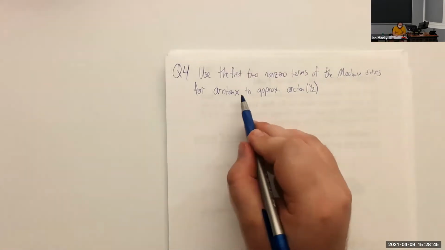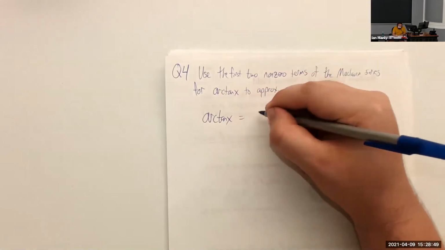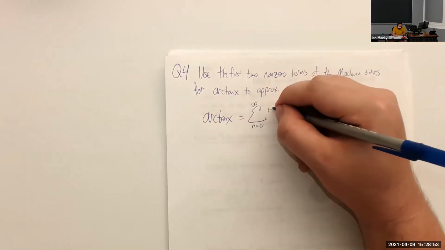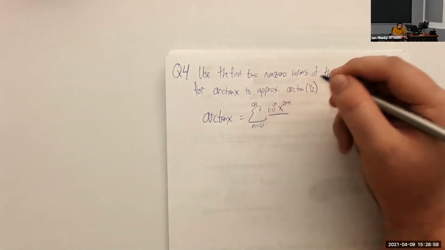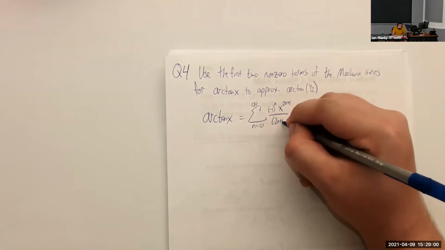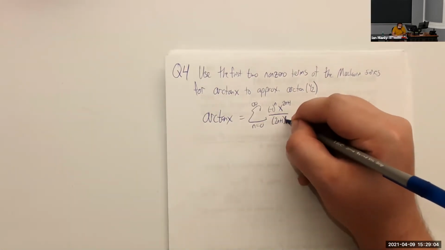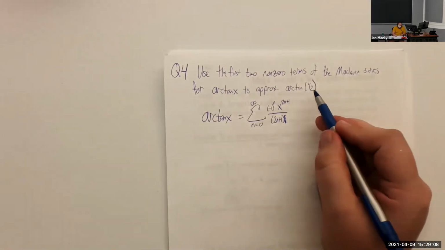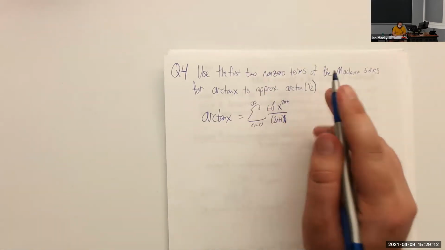All right, so arctan of x is something we're going to have on our equation sheet. The series for arctan of x is the sum from n equals 0 to infinity of -1 to the n, x to the 2n plus 1 over 2n plus 1. Not a factorial, just 2n plus 1. What we want to do is use the first two non-zero terms of this series.